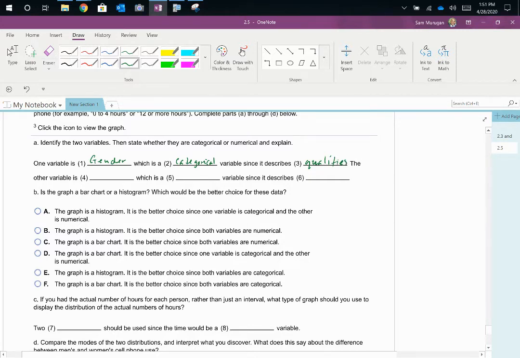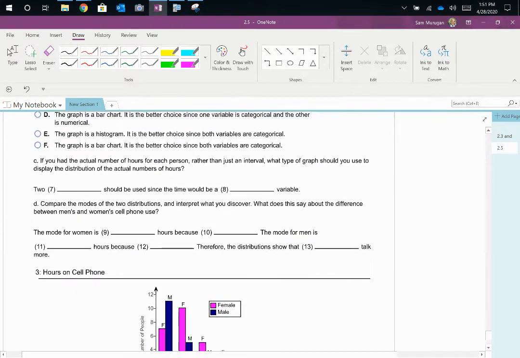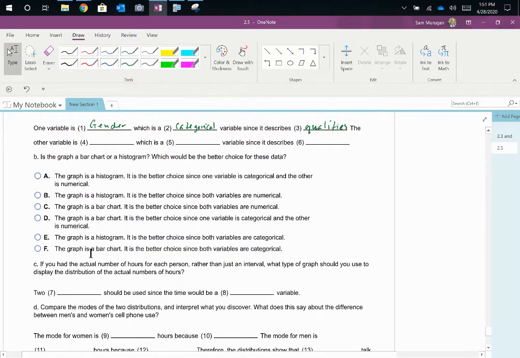And the other variable is time range. Now, arguably, you might want to say that time range is numerical, but we're talking about a single time range here, not numerical data as such, not how many hours each person spends talking on the phone, but groups of people talking on the phone.